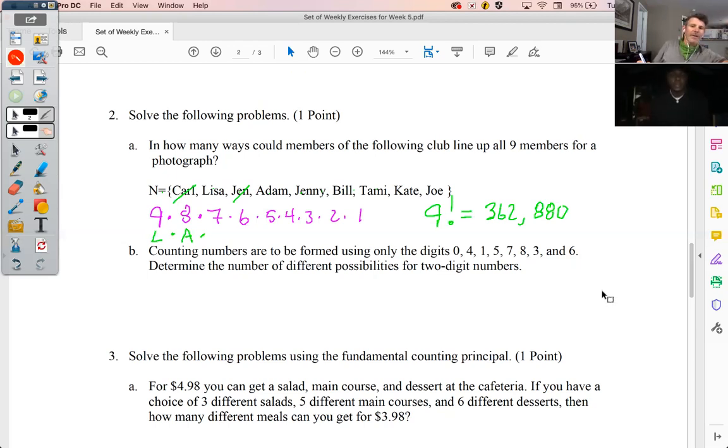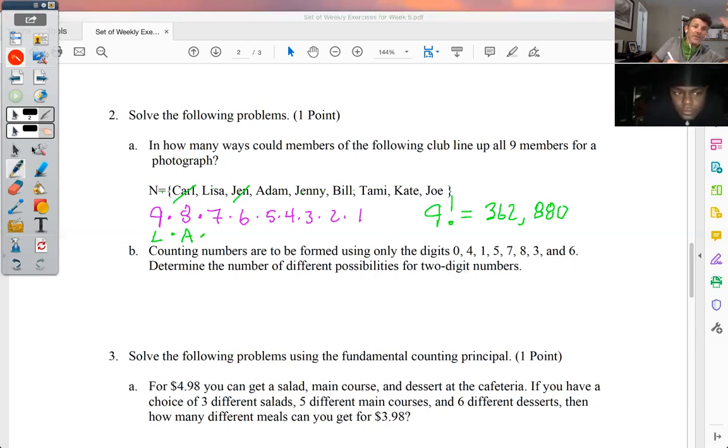All right, so here we go. We're going to need a sample space for this one, because it says the counting numbers are to be formed using the digits 0, 4, 1, 5, 7, 8, 3, and 6. Determine the number of different possibilities for 2-digit numbers. So first of all, this is one of those questions where you read it and you wonder what they are even asking for.